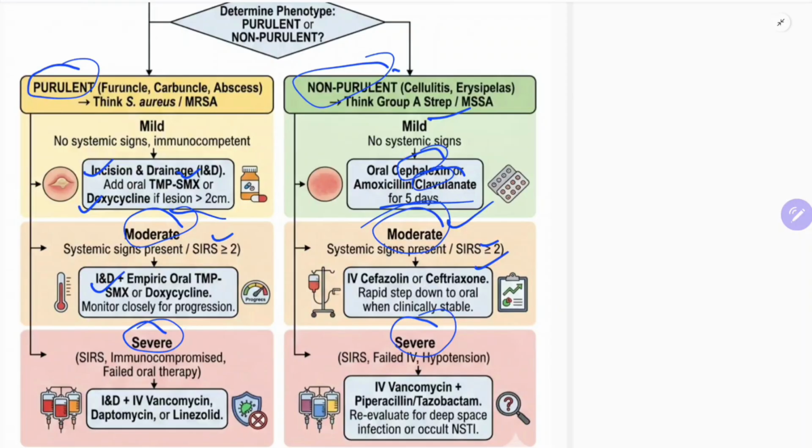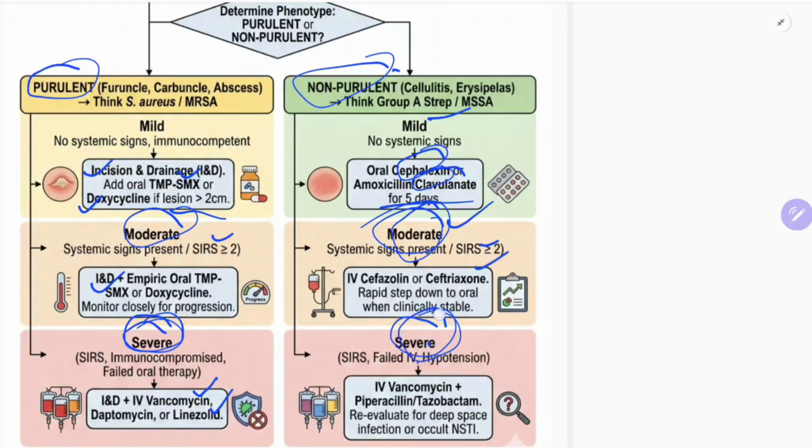For severe infection, better to have a broad spectrum. So always remember, in severe infection, whether it is purulent or non-purulent, in purulent infection, if it is severe, then use IV coverage of linezolid or vancomycin. But in case of severe infection, one important point to remember here is, moderate infection you use ceftriaxone in non-purulent.